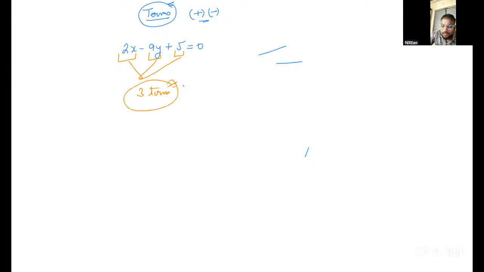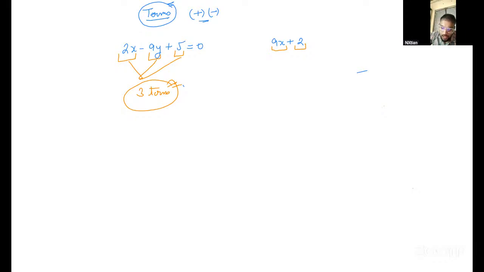Understood? If I say 9x plus 2, how many terms are there? Two terms. This is one term and this is two terms. Understood? Ira, did you understand better? Yes, I understood.